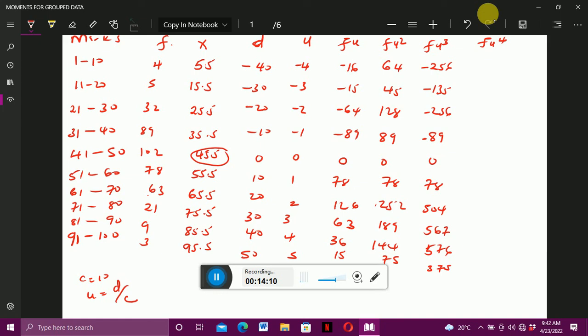Finally, we have fu raised to power 4. We are going to have 1024, as this times another u. Negative 256 times 4.